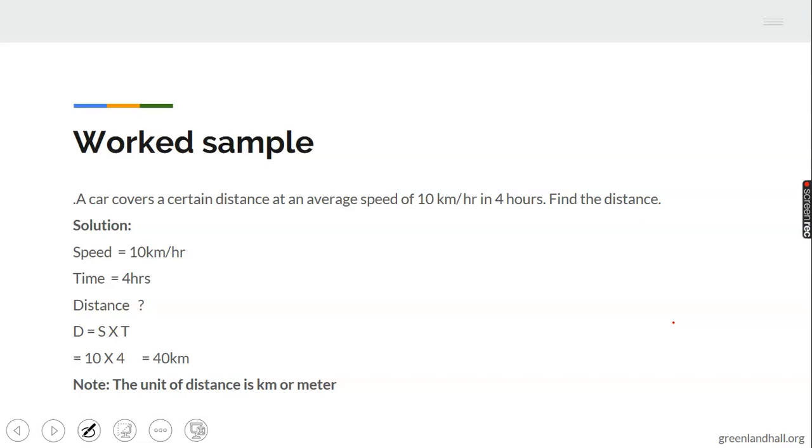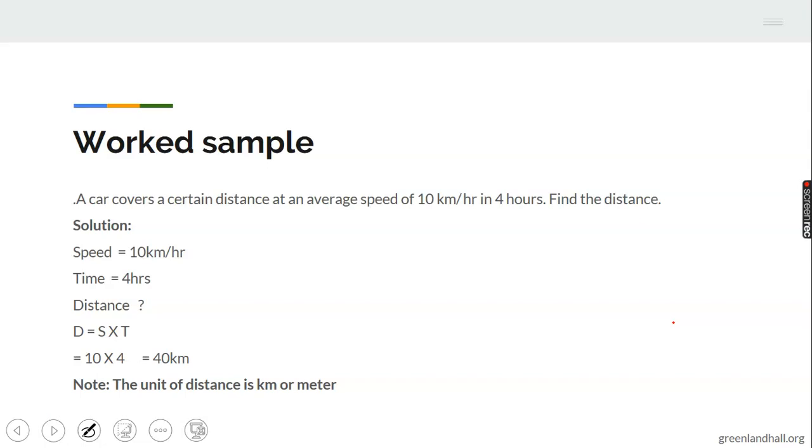It says a car covers a certain distance at an average speed of 10 kilometers per hour in 4 hours. Find the distance. They have given you time and they have given you speed. Now, they are looking for distance. So what is the formula? Distance is equal to speed times time.